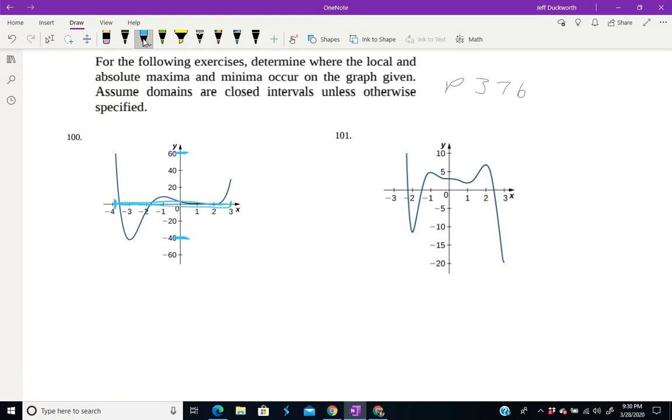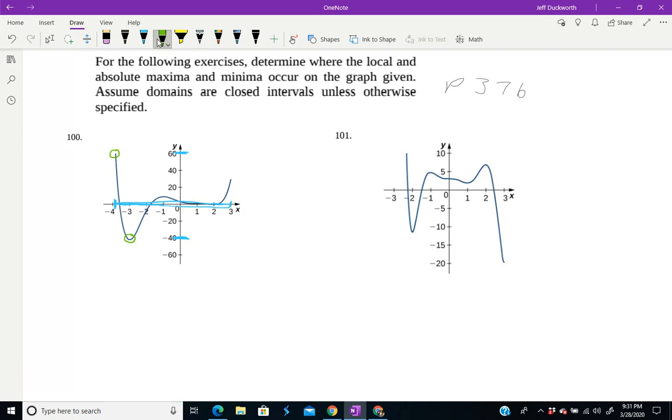Okay, so we're looking for the extreme values, where the extreme values for y, remember, are here and here.